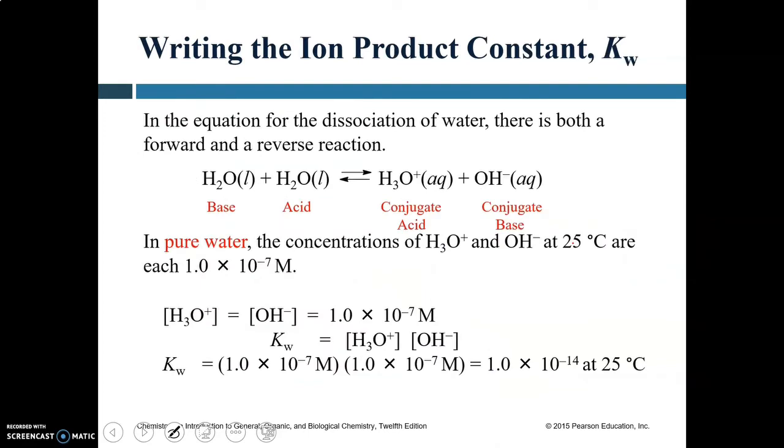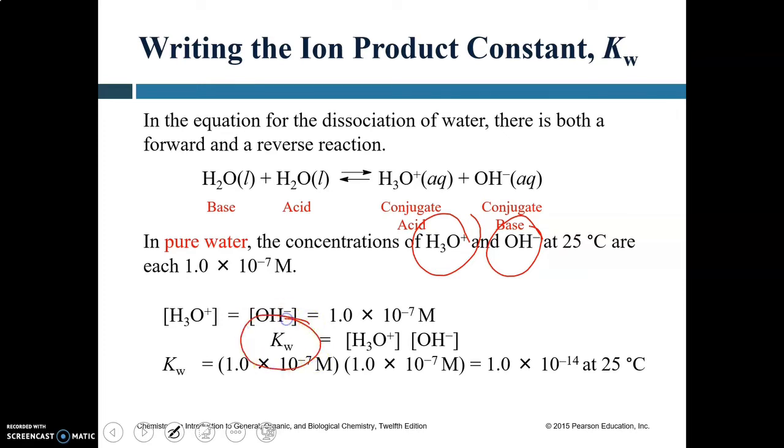So in pure water, the concentrations of hydronium ion at equilibrium, hydroxide ion, 25 degrees Celsius, each are 10 in the power of negative 7 mole per liter.